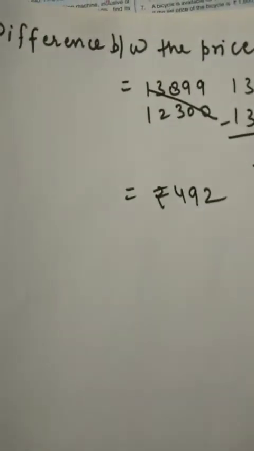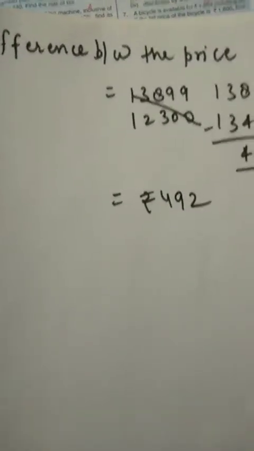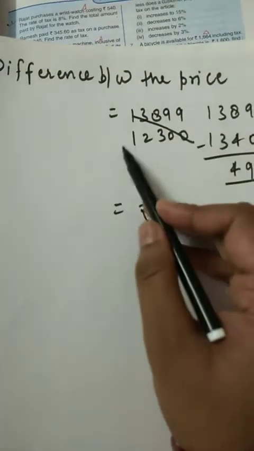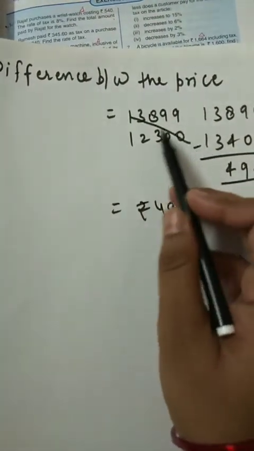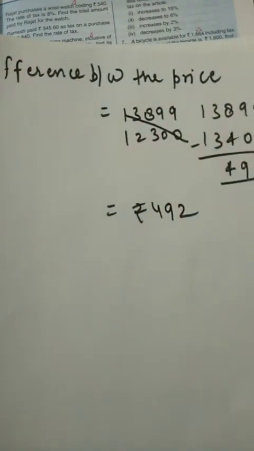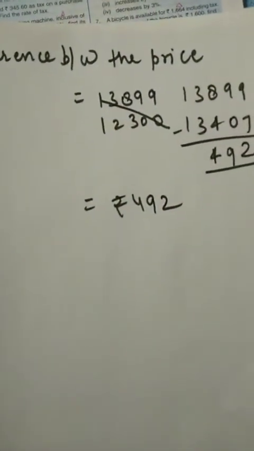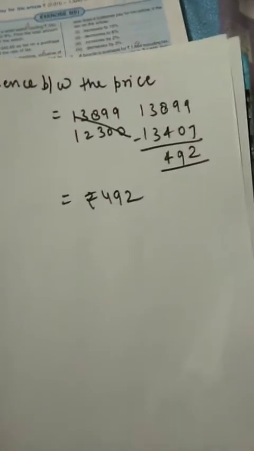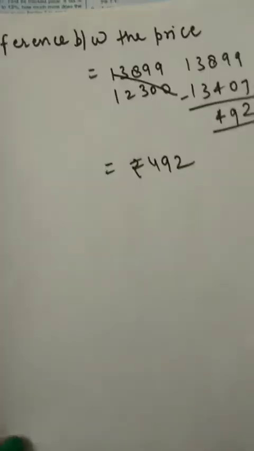So this was our final answer. Student, why have we not subtracted from this? Because this was the sales price which was exclusive of the tax, but we have to subtract from the price which is including the tax. So it will go like this.